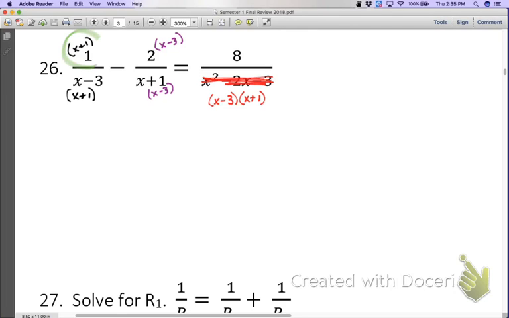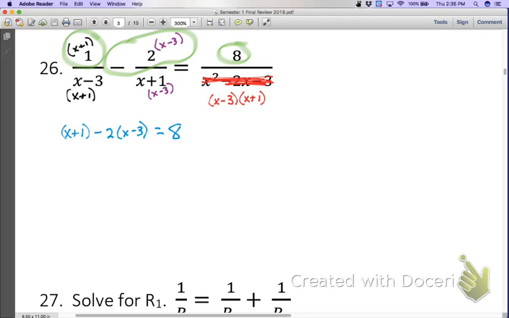The only thing I'm really going to worry about is the numerator of each part. So in doing that, I will have 1 times x plus 1, so I'm going to have x plus 1. Then I need to take negative 2 times x minus 3, and then set it equal to 8.